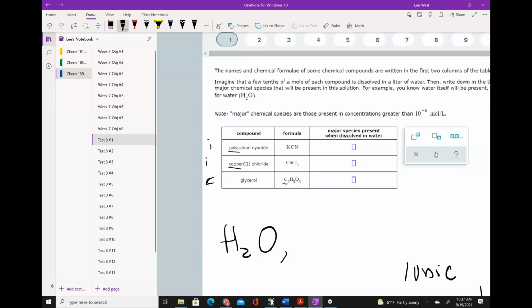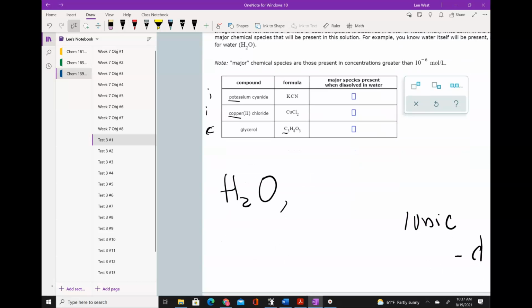Now what happens to our ionic compounds? They separate into the components, cations and anions. So potassium is in group 1A, so it is +1, and then the cyanide anion, I know it has to be -1 because these two are combined in a 1-to-1 ratio.